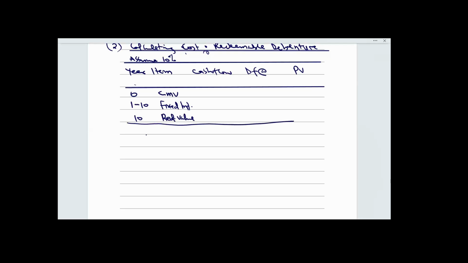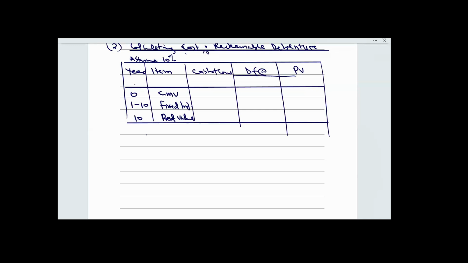We are using only one table to calculate the two NPVs. So this will be my NPV. We are starting from 10%.